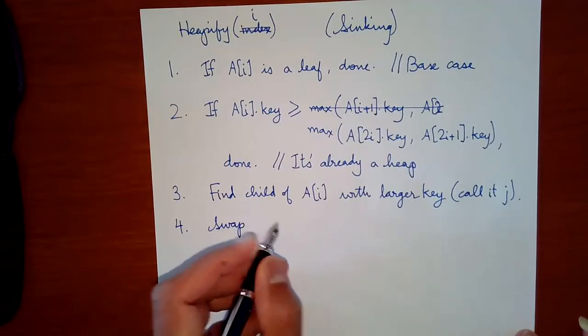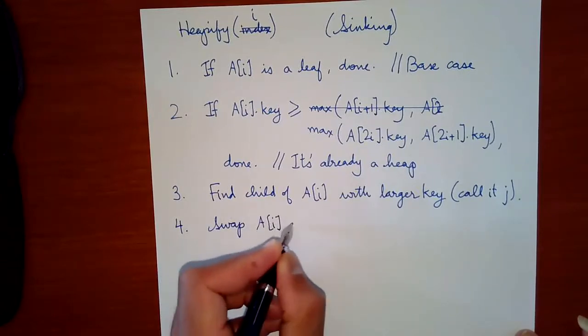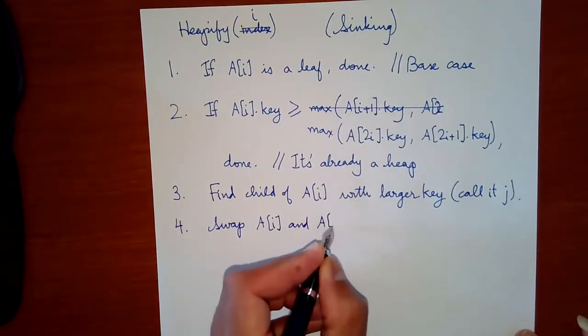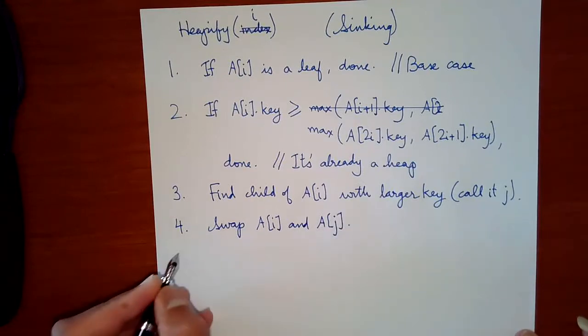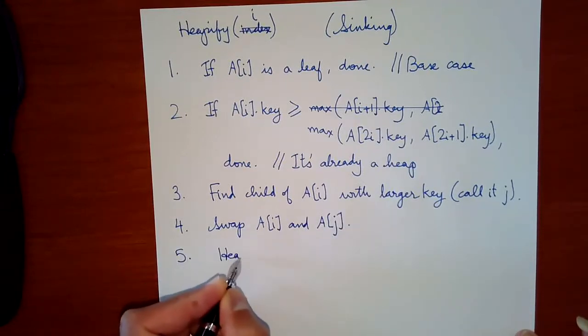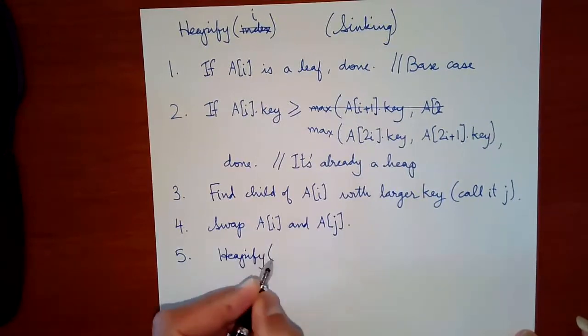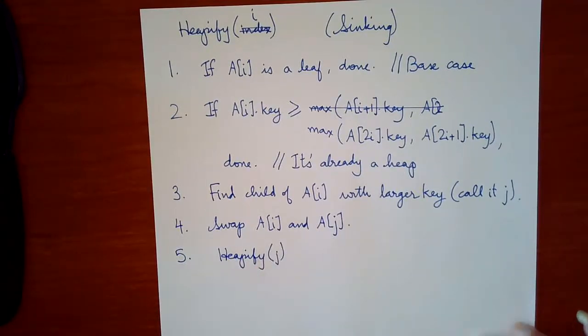I swap A of I and A of J. And then I just recursively call Heapify at J.